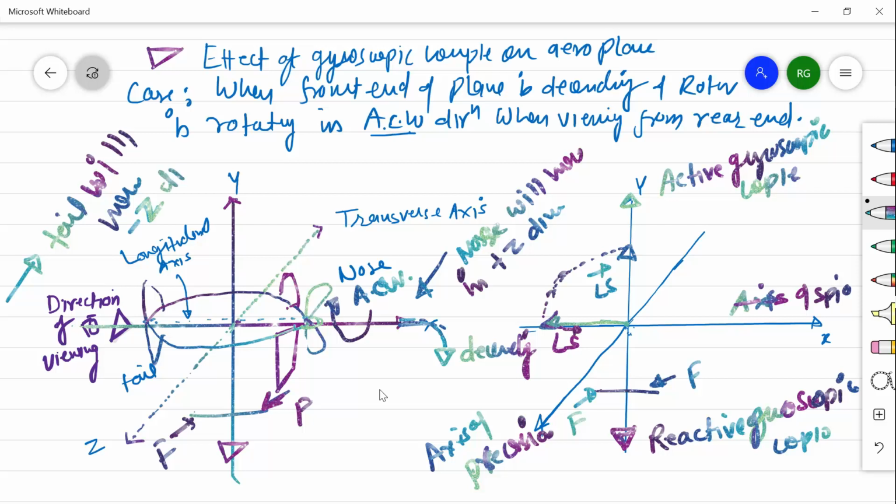So this would be the effect of the reactive gyroscopic couple in this situation on the plane. So thank you.